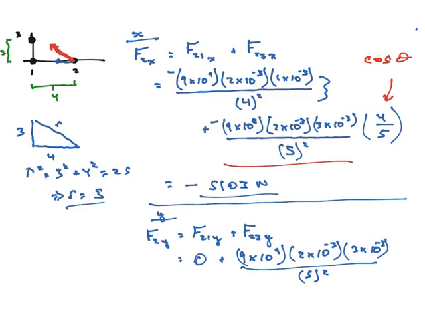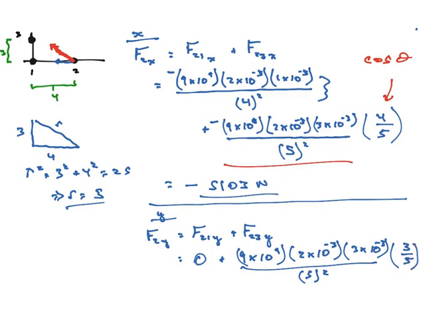So usually I'd write sine theta here. However, I don't know theta, and just like I did before, cosine theta is the same as the x side, the x distance divided by the total distance. The y component, sine theta, is going to be the y distance over the total distance. So for sine theta, I'm just going to write 3 over 5.